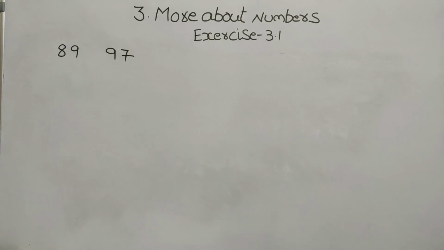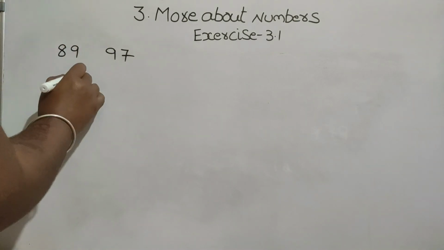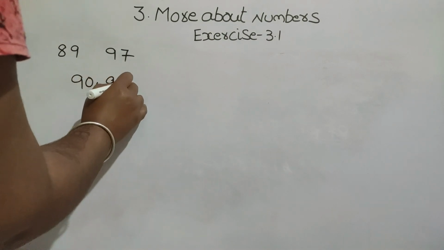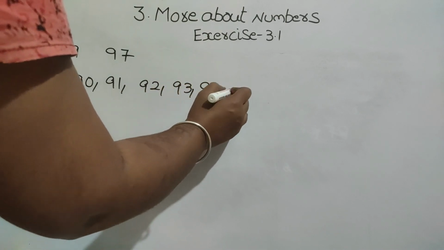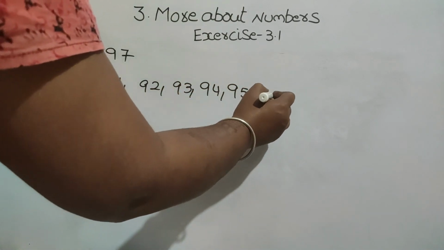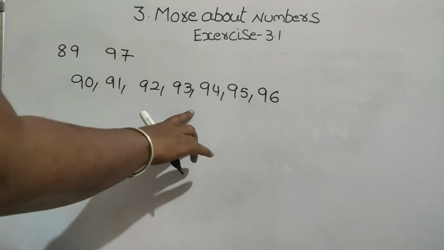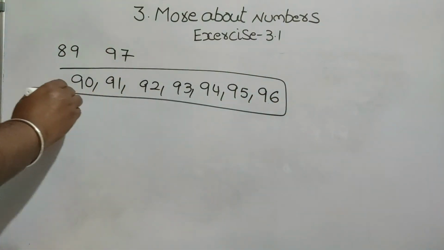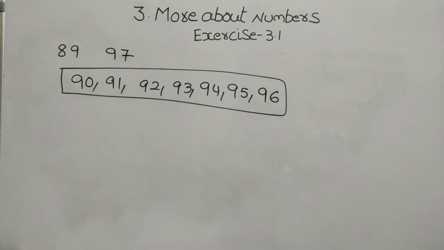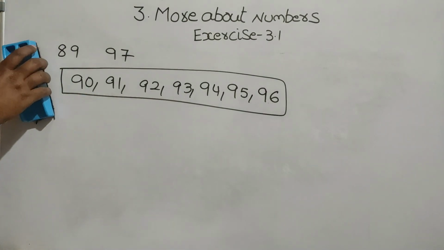So, here 90, 91, 92, 93, 94, 95, 96. 1, 2, 3, 4, 5, 6, 7. 7 consecutive composite numbers which are less than 100. This is the answer: 90, 91, 92, 93, 94, 95 and 96. There is no prime number in between them.